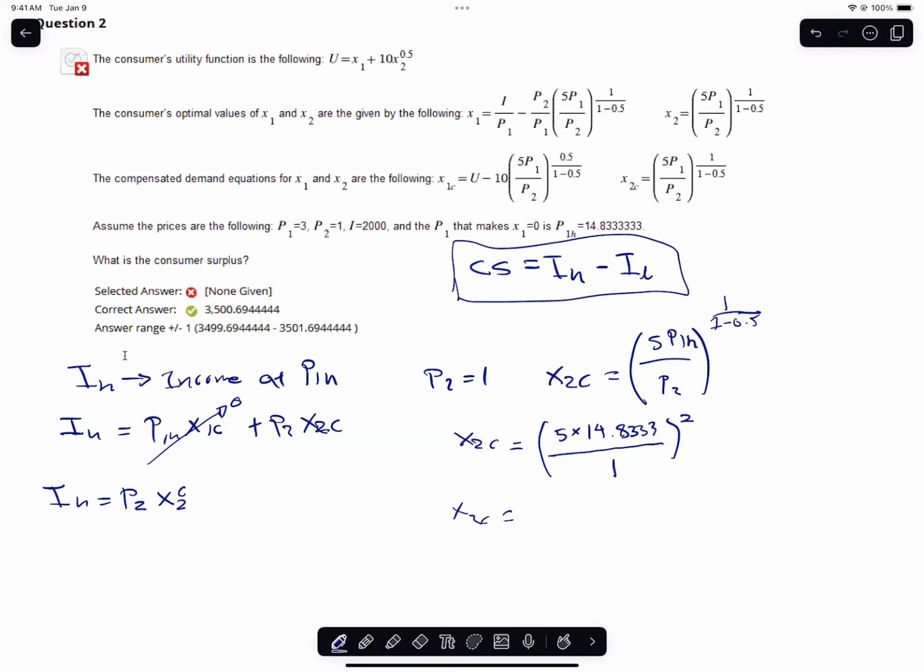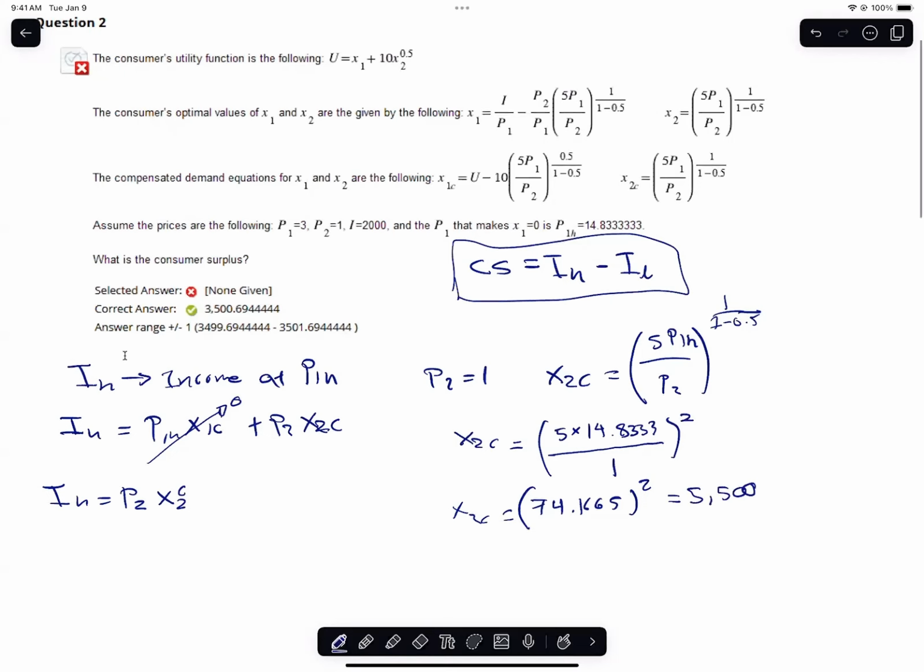So that would be 5 times 14.8333, and this is going to be 74.1665 raised to the second. And if you raise that, this would be 5,500.6697.